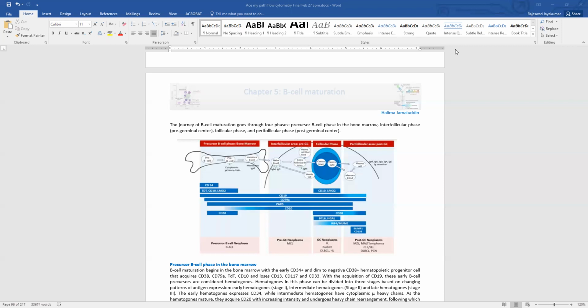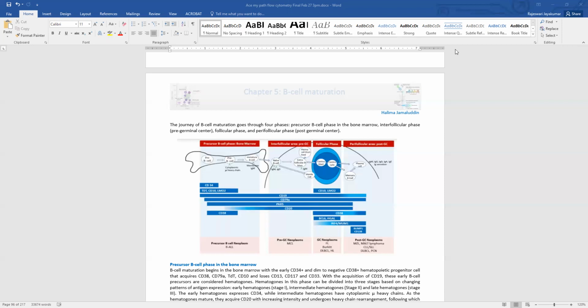Again, CD38 expression is positive in germinal center B cells. And then from there, when they decide to become plasma cells, they start losing CD20, they lose PAX5. They still have their CD19 and CD79A, and then they again get brighter for CD38, and they are now positive for MUM1, BLIMP1, and CD138.